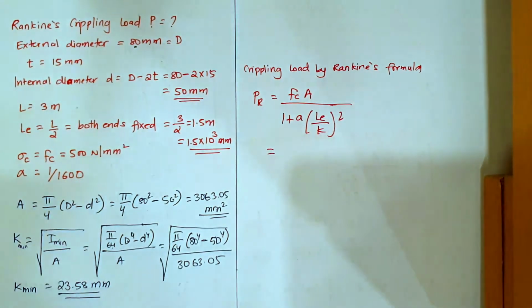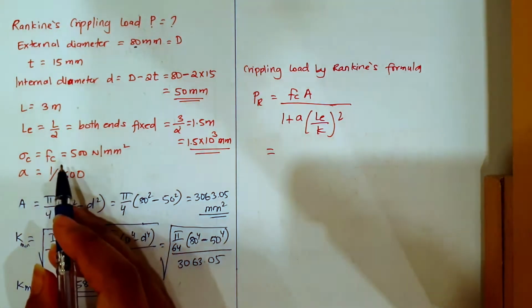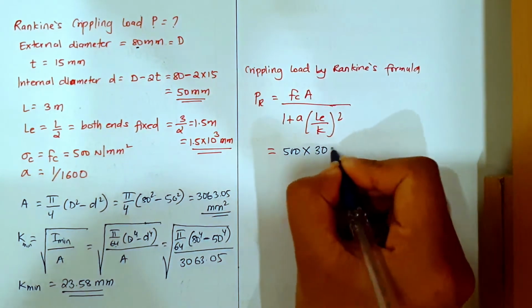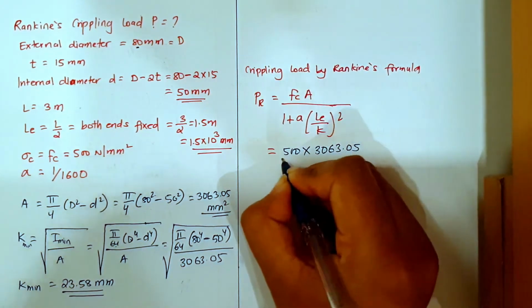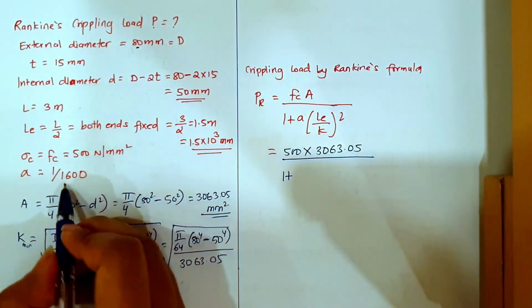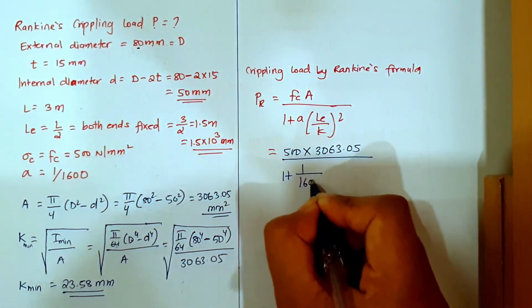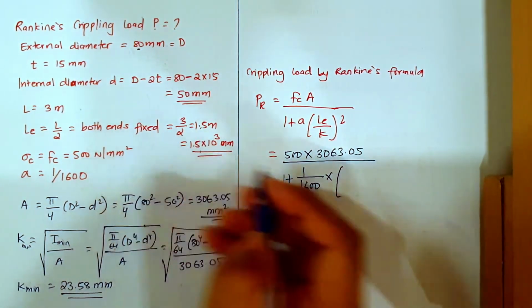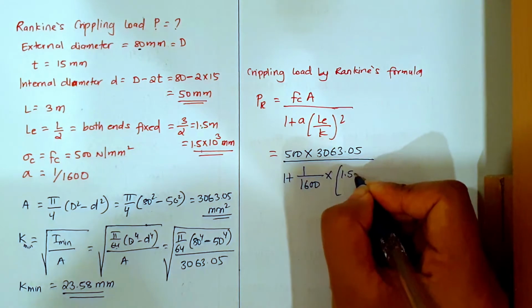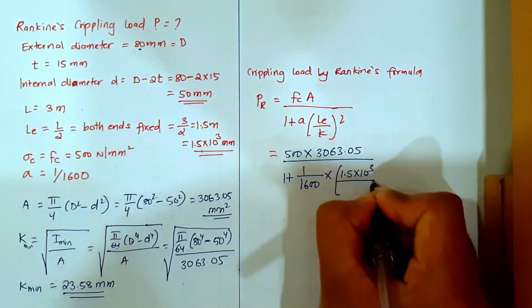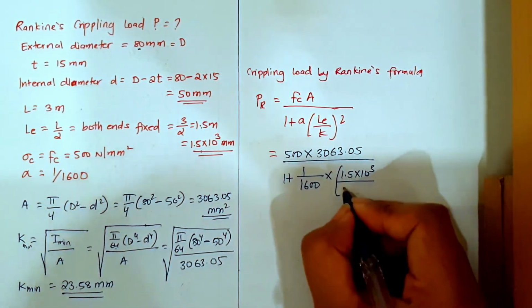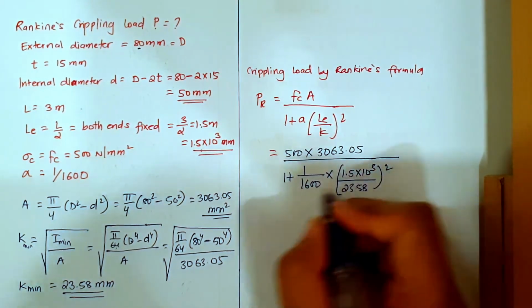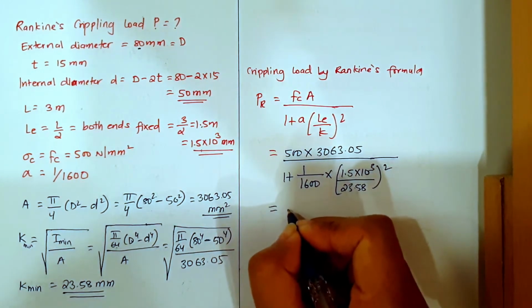So from here Fc is equal to 500 into area is 3063.05 divided by 1 plus alpha is given 1 by 1600 into LE. LE is given 1.5 into 10 raised to power 3 divided by K is 23.58 the whole square.